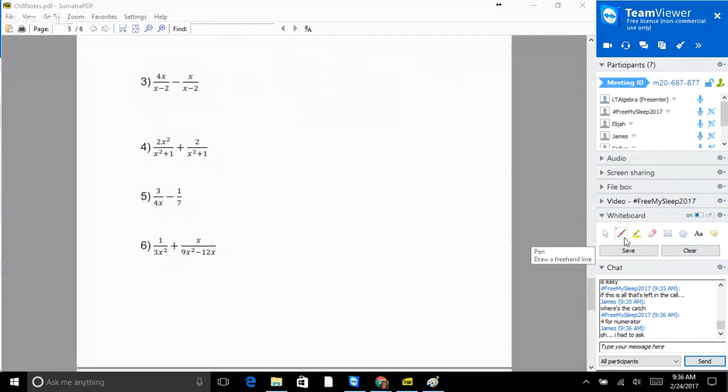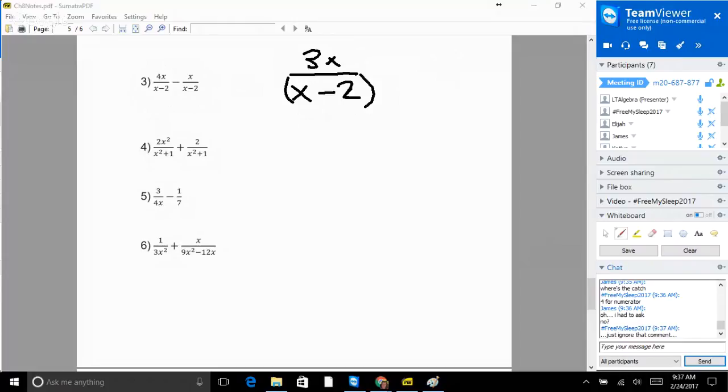That's not what I meant to do. All right. I should have written this as 3x over x minus 2. Now, can I simplify this at all? Nope, that's right. Can't simplify, because we have a 3x and then x minus 2, this kind of goes together.